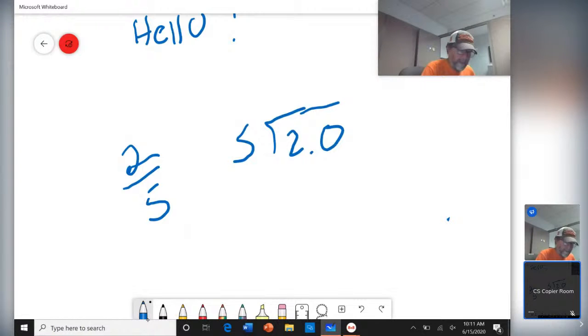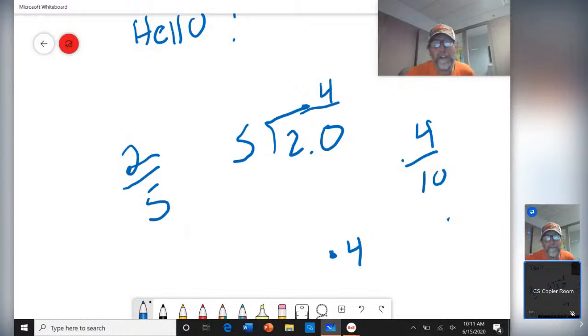Okay, and really 5 goes into 20 4 times. So 2/5 is going to equal 4/10. Okay, and really how you would write that is 0.4. It's 4 over 10, 4/10. Okay, let's do one more and we'll do another pretty simple one for you guys.